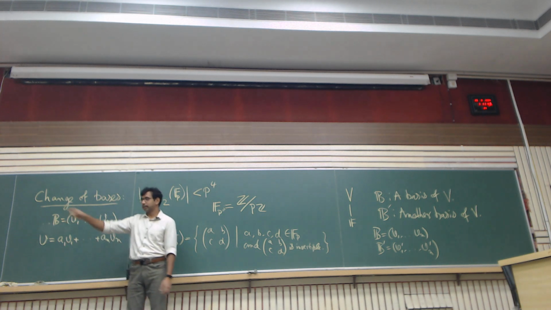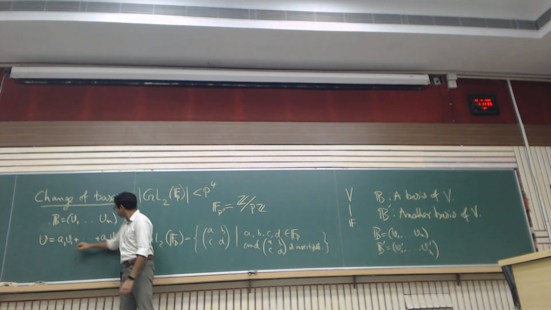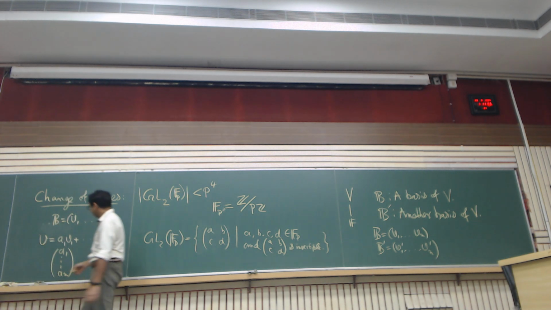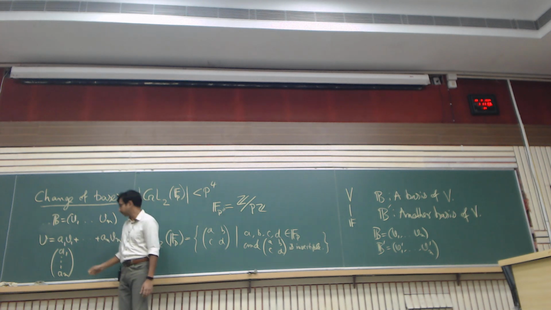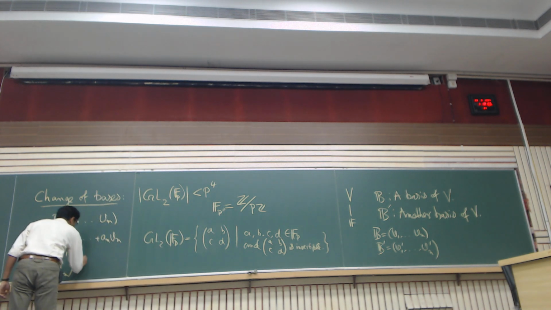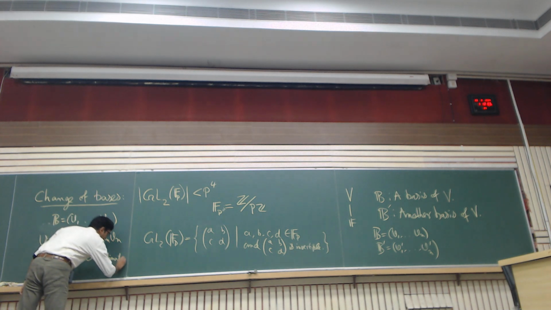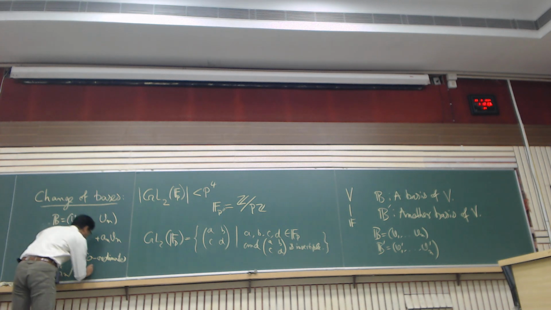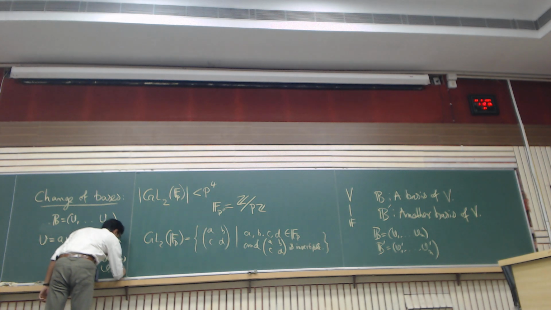These a1 dot dot an are called the coordinates of V with respect to the basis B.